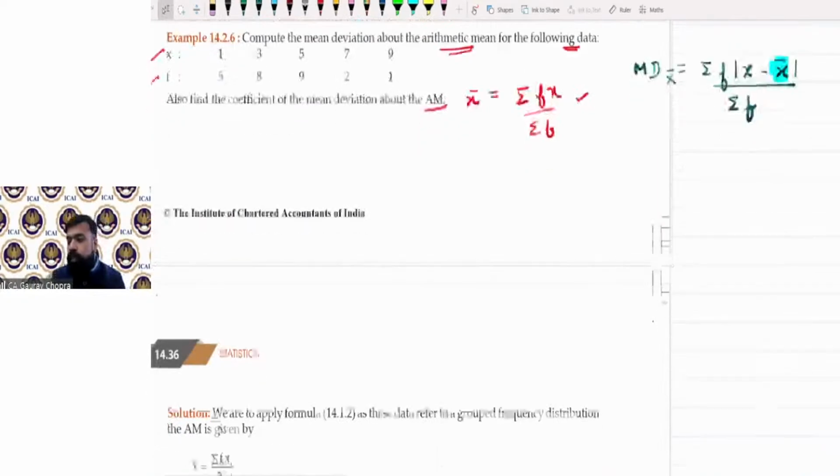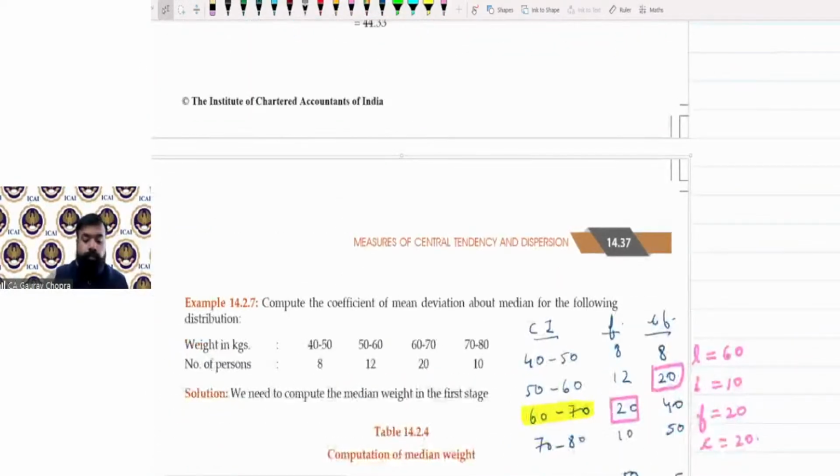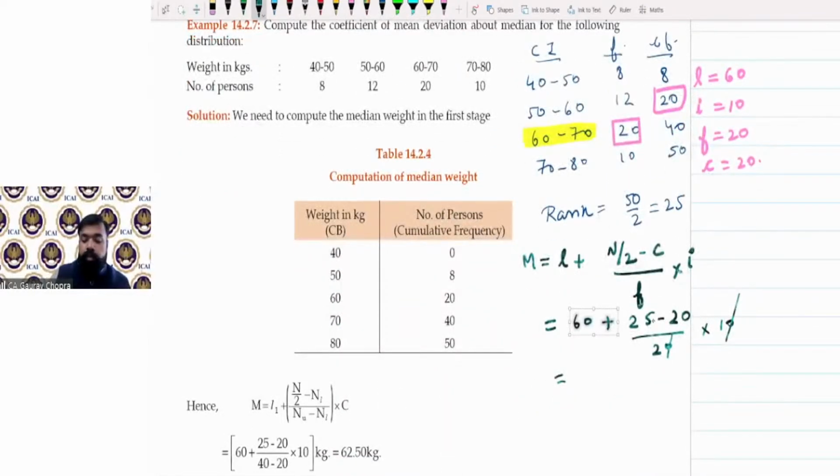Akshata says no doubt. Great. So we have computed 62.5. 62.5 kilograms is the median.